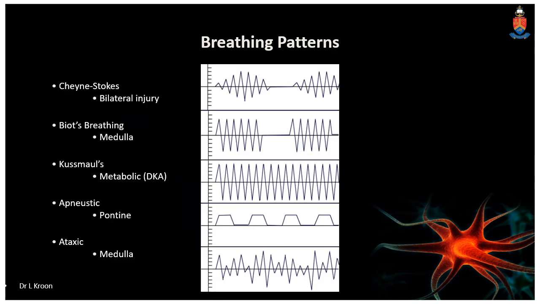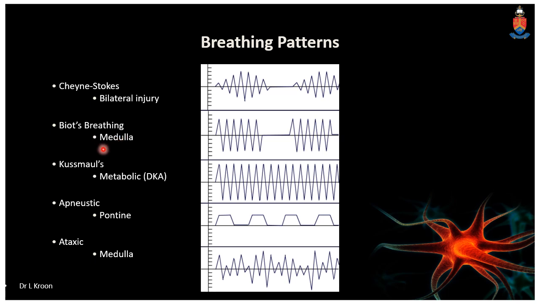So the breathing patterns that we just spoke about are typically as follows. Cheyne-Stokes respirations include a crescendo-decrescendo pattern followed by a brief pause, then again a crescendo-decrescendo pattern. This typically indicates bilateral cerebral injury. Biot breathing or cluster breathing, which is rapid breathing followed by a pause, indicates a medullary lesion.